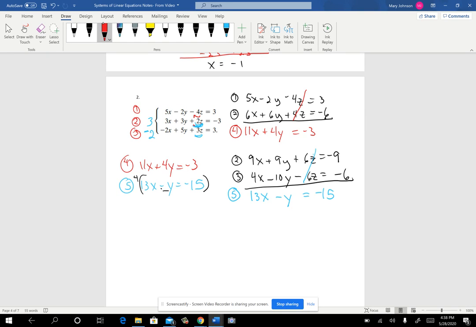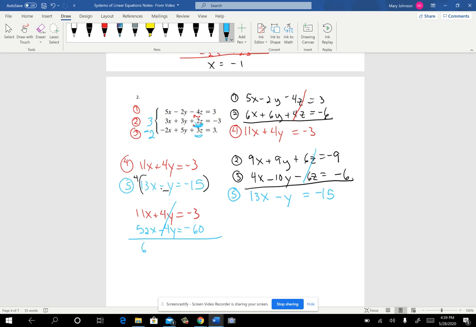Okay, so the first equation is going to stay 11x plus 4y equals negative 3. I don't need to do anything to it. But then the second equation becomes 52x minus 4y equals negative 60. So the y's are gone.